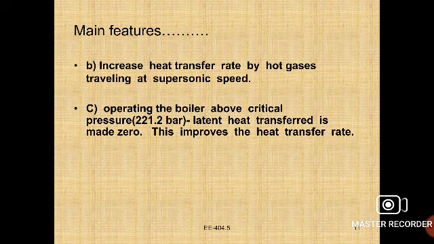And saving latent heat by operating the boiler above the critical pressure of 221.2 bar, so latent heat transfer is zero. This improves the heat transfer rate, along with using solid fuels in pulverized form.